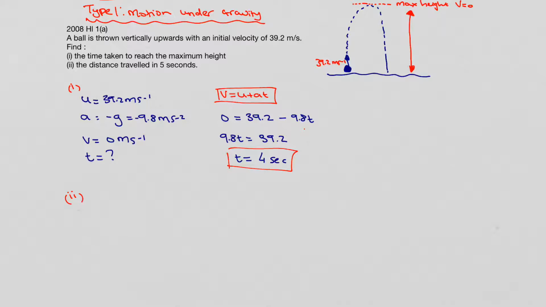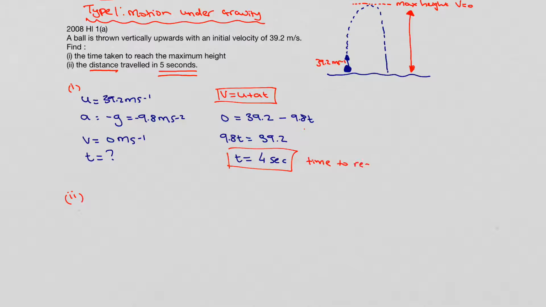Okay, so if we look closely at part 2 of the question, we have two things to note here. We're asked for the distance travelled, so that means the distance up and the distance down, because it says the time is 5 seconds. Now 5 seconds is more than the time it took to reach the highest point.